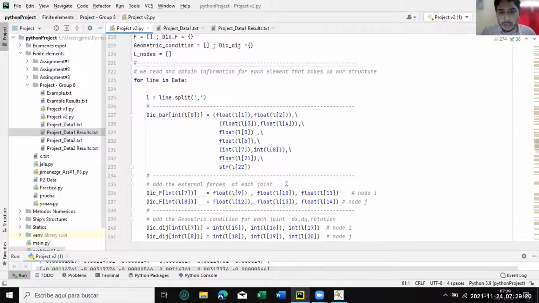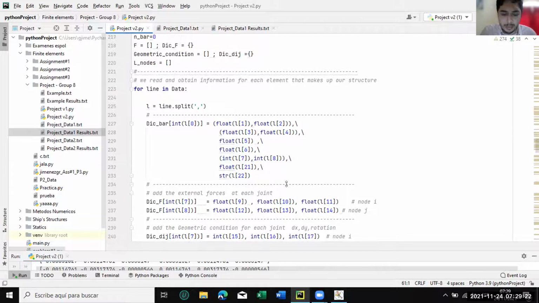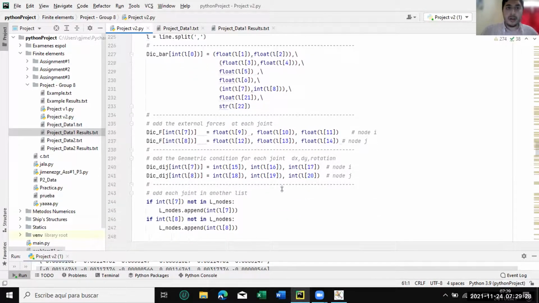As my partner says, we have to go through, in Spanish it is recorrer, all the data that we save in dictionaries.